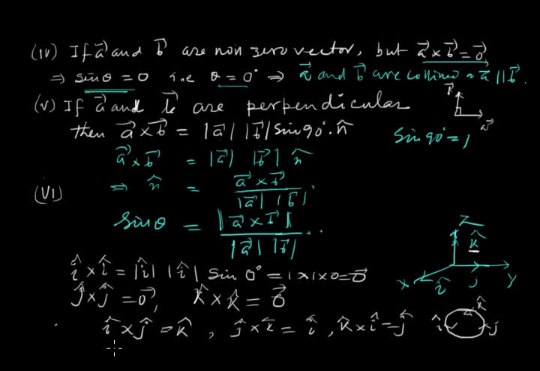But if we do the reverse, we'll get the negative: j cross i will get minus k cap. The direction will be changed to opposite. Now j cross k is i, so k cross j is equal to minus i cap, and similarly for the reverse.